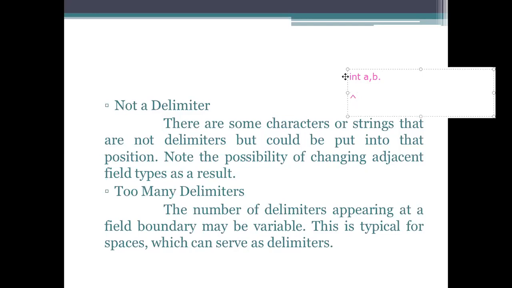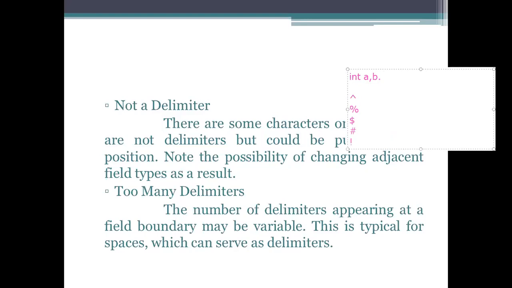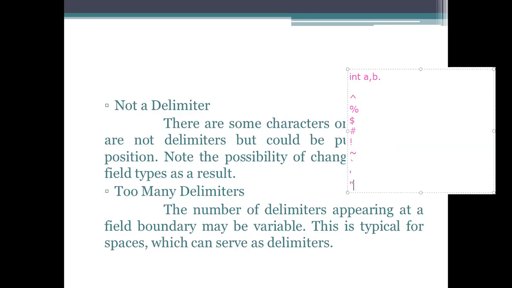And the percentage, dollar, hash, the not symbol, negation, and quotations. All these are used for data providing. They will only have their separate meaning, but they won't be used as delimiters. Okay.